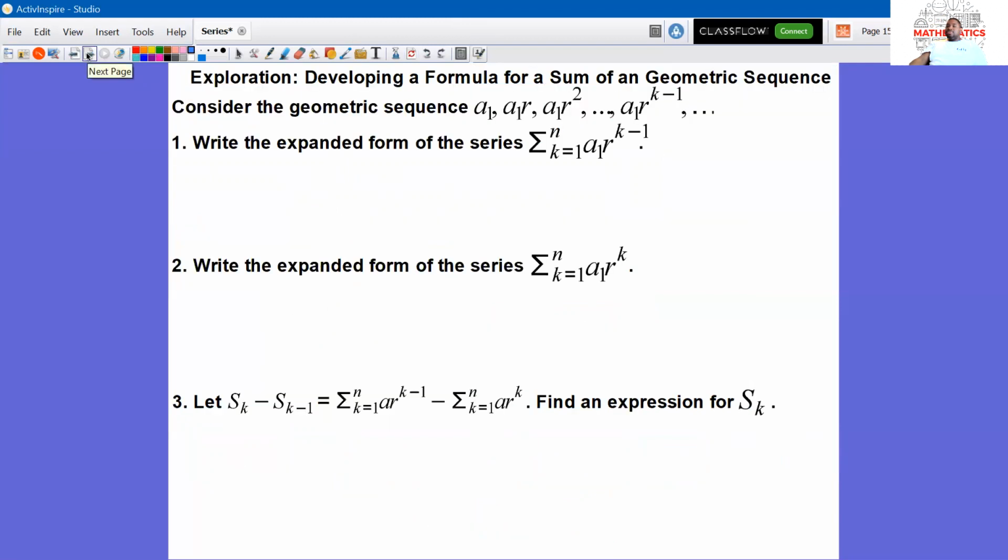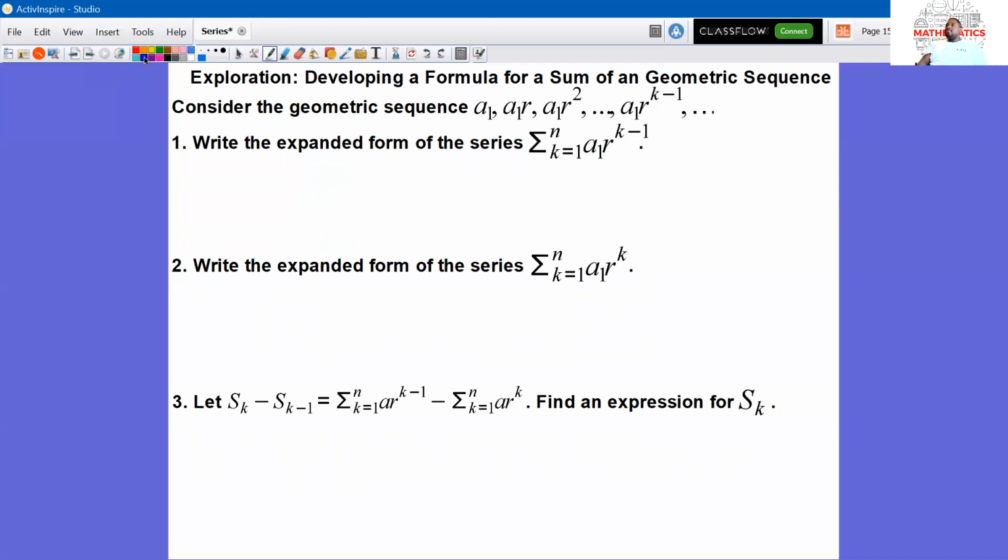Now we're going to get to the last part of our lesson, which is developing a formula for a sum of a geometric sequence. It says, consider the geometric sequence A1, A1r, A1r squared, all the way up to A1r to the k minus 1 power. Write the expanded form of this series from k equals 1 to n.